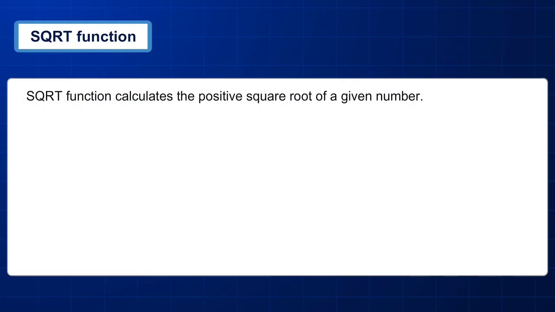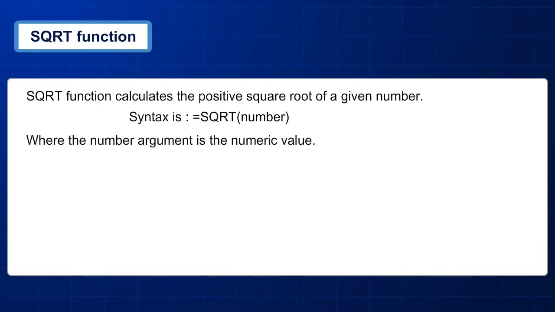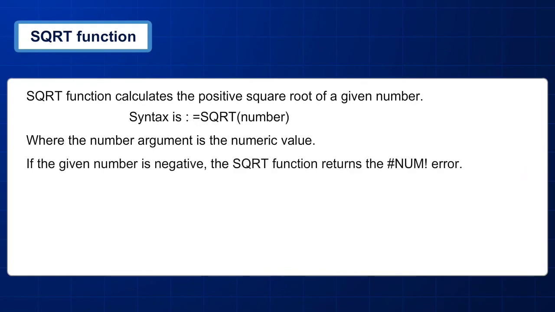For example, the sqrt function. The sqrt function calculates the positive square root of a given number. Syntax is SQRT and we pass number as an argument, where the number argument is a numeric value. If the given number is negative, the sqrt function returns the NUM error.